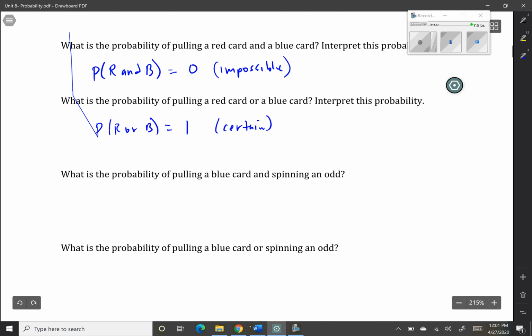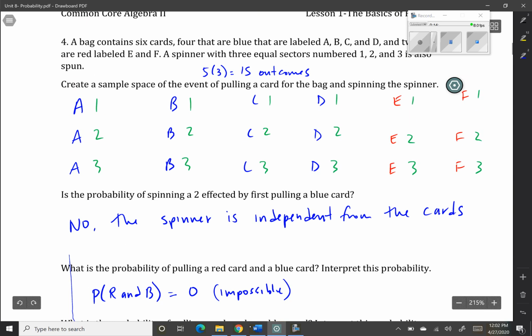What's the probability of pulling a blue card and spinning an odd number? So here's a probability where we actually have to do some calculating. So probability of blue and odd. Since there are 15 outcomes, I need to figure out how many of those outcomes are both blue and odd. Odd numbers are 1 and 3 in this scenario.